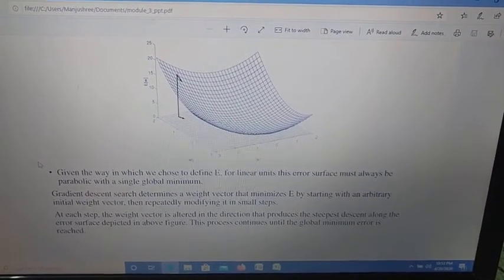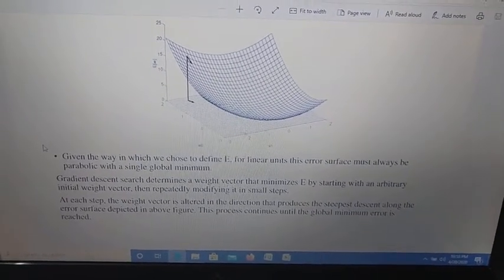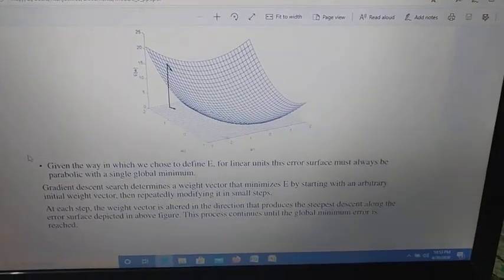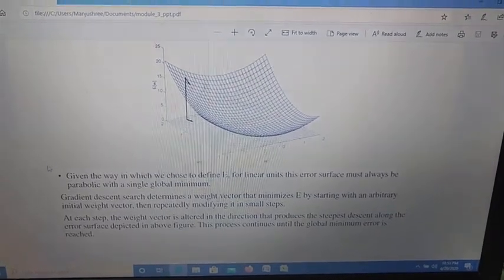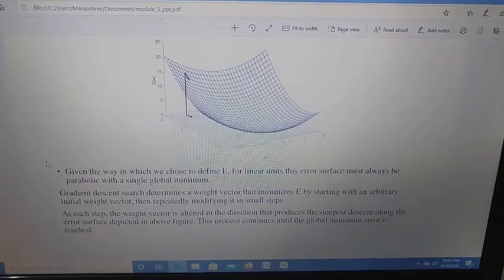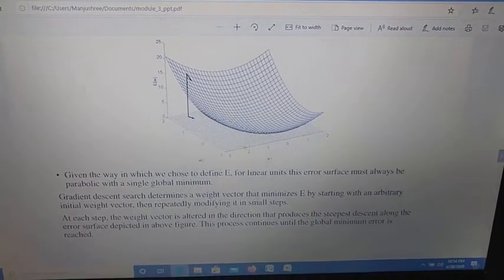The weight is updated continuously and the error is calculated at each and every step, so that we get the best output. What is meant by best output is that the predicted value matches the actual value, and then it is called the best fit.